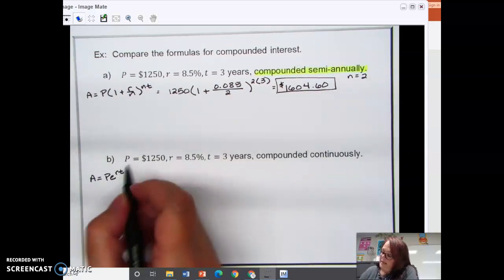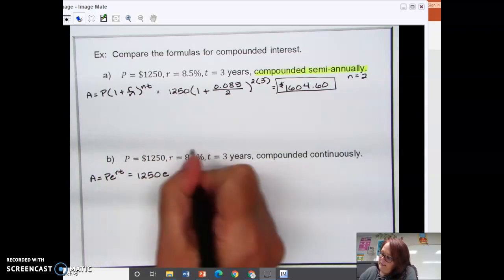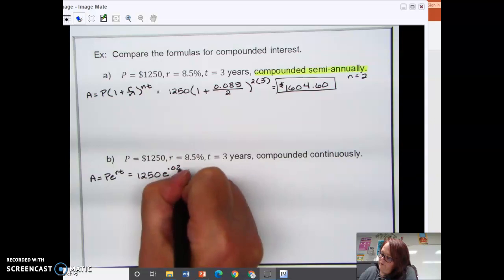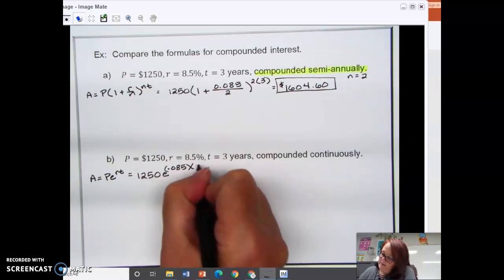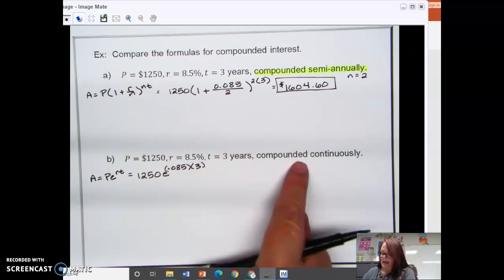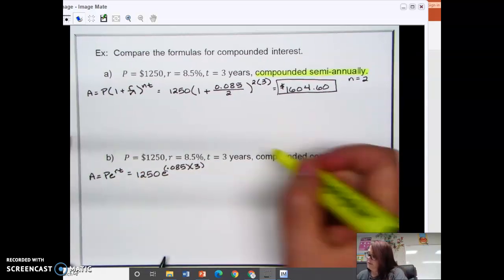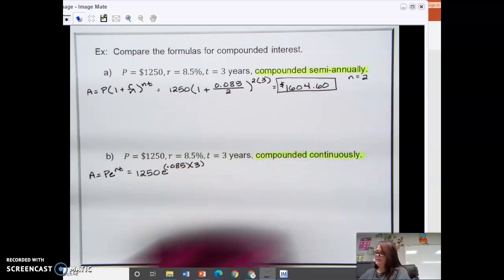If we look at the second one, we've got 1,250 e to the 0.085, same interest rate, times 3, same amount of time. So notice, same principal, same interest rate, same time, but now we're compounded continuously, which is why we use the formula with the e in it.